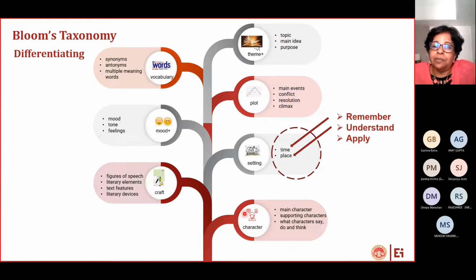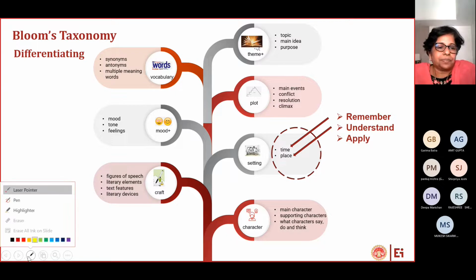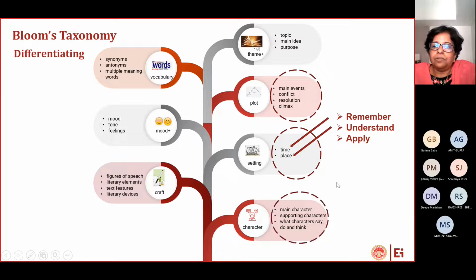So these are the big conceptual levels, and inside each concept there are granular level concepts, right? When you are testing at a granular level, it is remember, understand, and apply. When you are going at a conceptual level, you're going at the stem level, where you will test an entire concept.